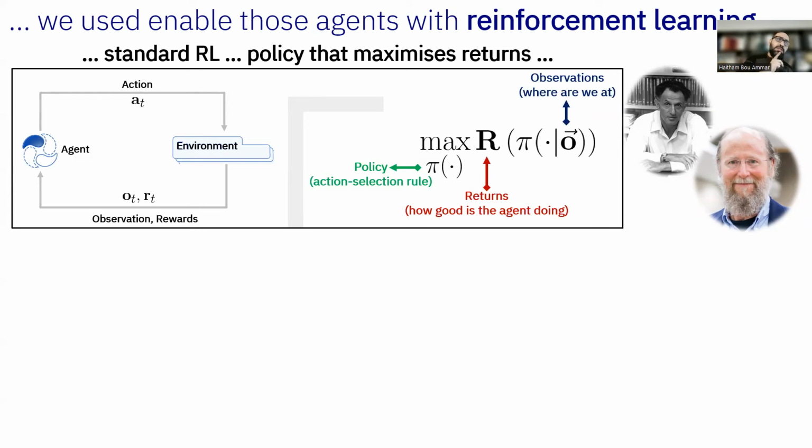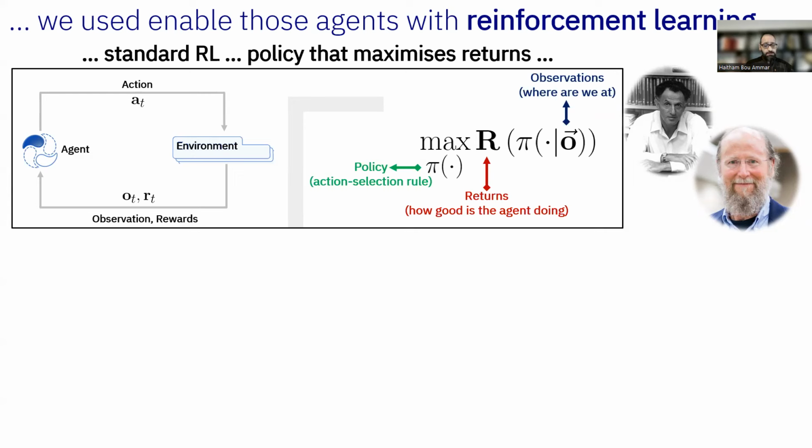My goal as an agent is to find a policy pi, which is an action selection rule. So I would like to find an action selection rule pi that will maximize my returns while I'm acting in that environment.